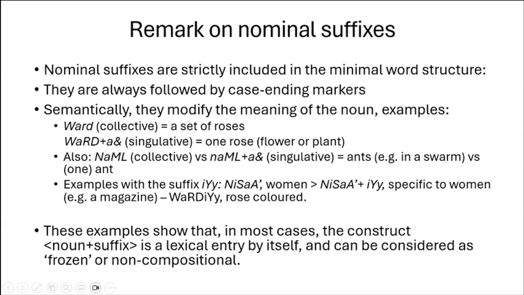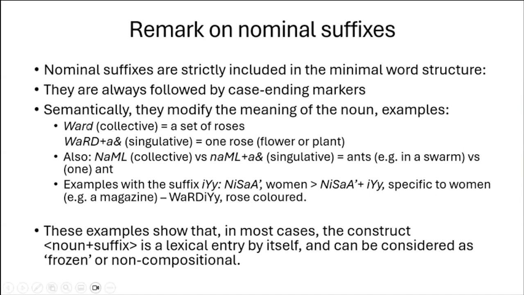And then nominal suffixes are strictly included in the minimal word structure. They're always included in the minimal word structure, and they're always followed by case-ending markers. Because when you add a suffix to a noun, it may change the meaning of the noun, which is the case when you have collective singulative.